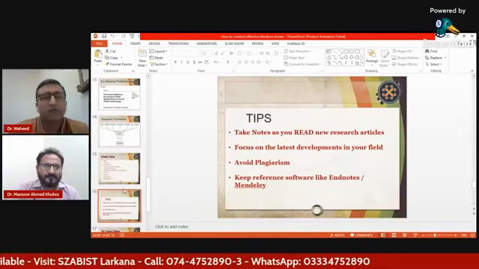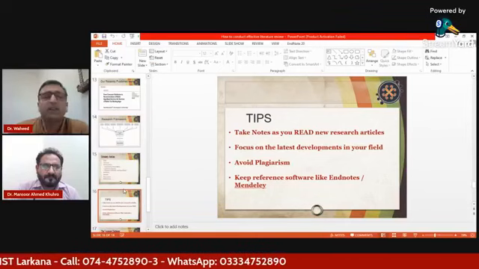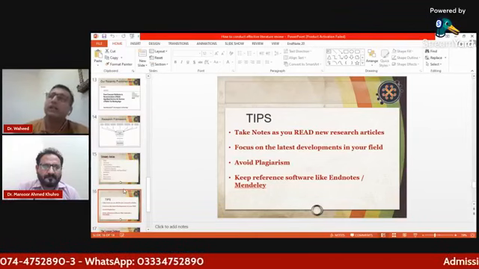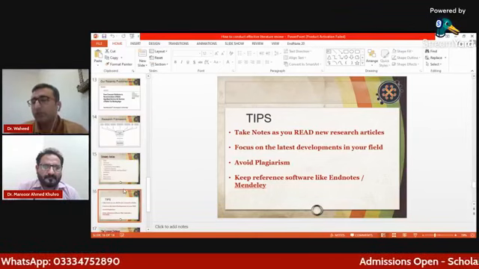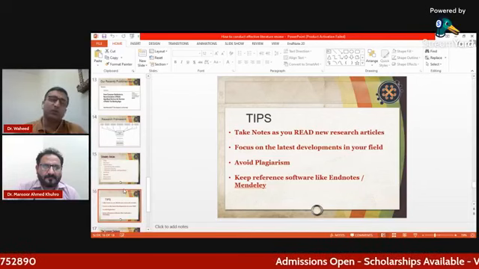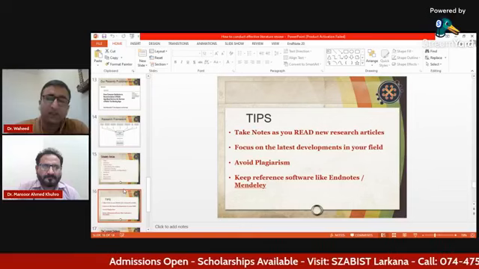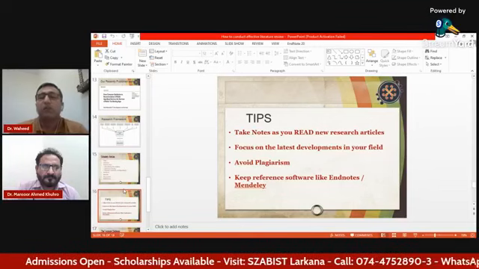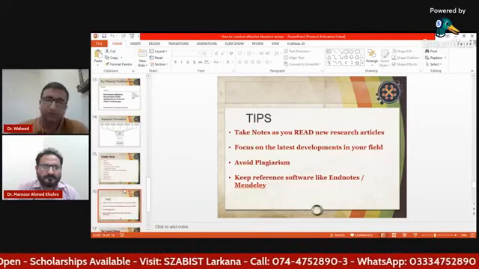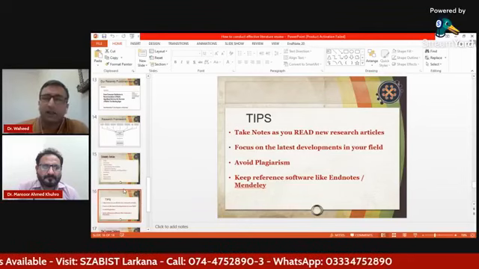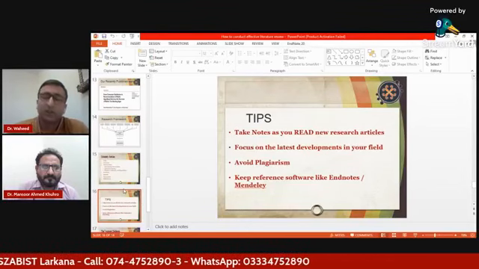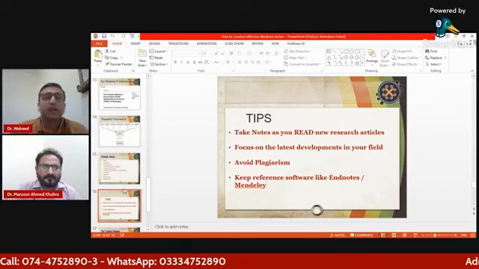Another thing is to focus on the latest developments in your field. If you are working on the literature review chapter, then you need to explore the latest research, the latest trends in your research area, to see what the trending topics are and how existing scholars have tried to address them.